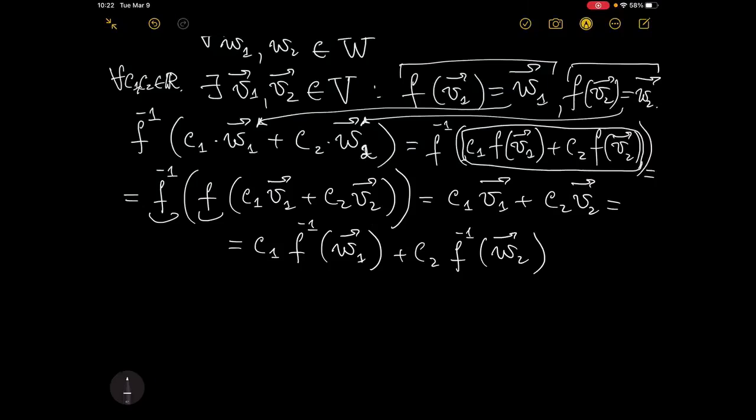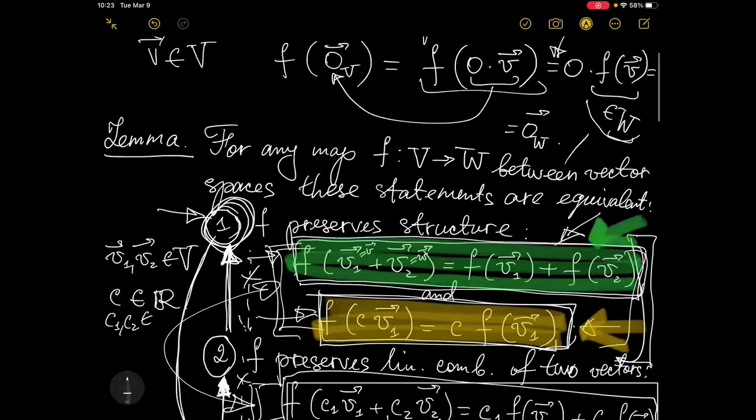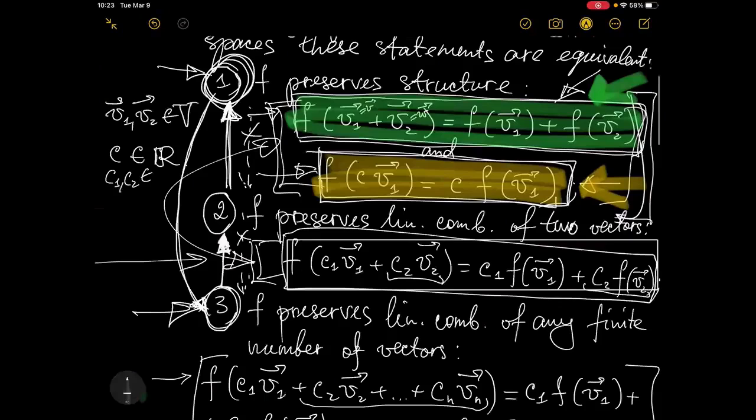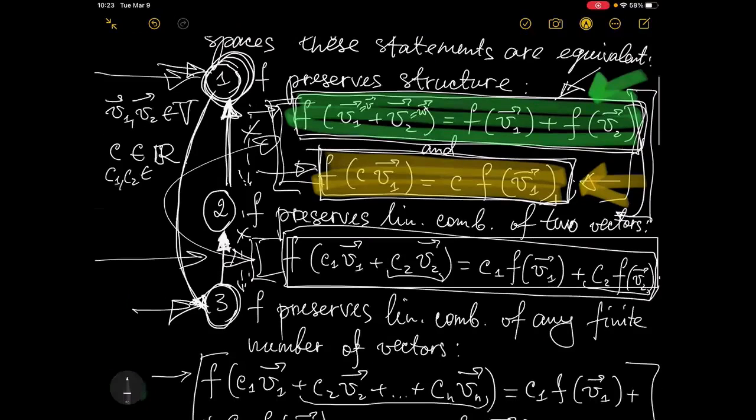So you see, I started from here and I got this statement. It means that my F inverse preserves structure. Clear or not? Because we have proven before exactly this lemma, which says that from here follows this, which is exactly preservation of structure. Is it clear or not?